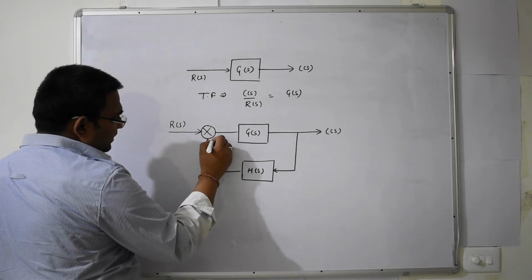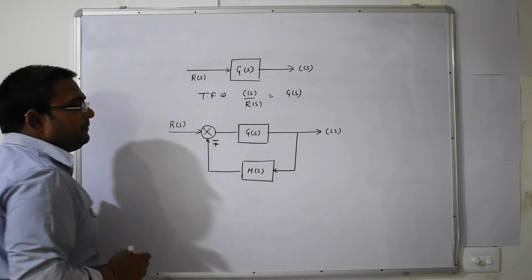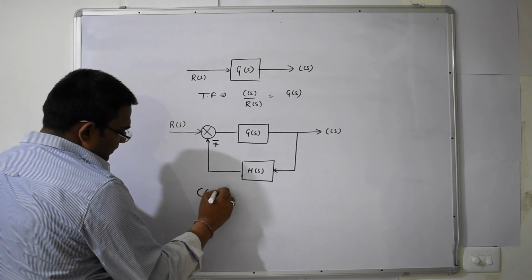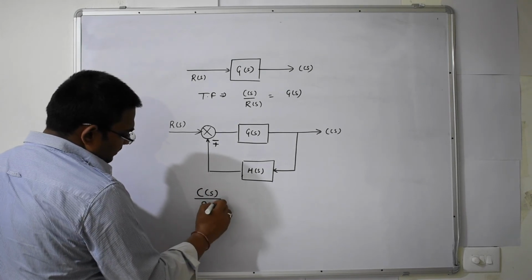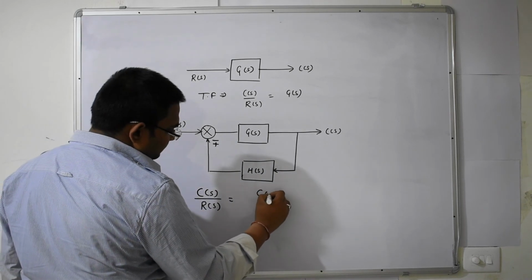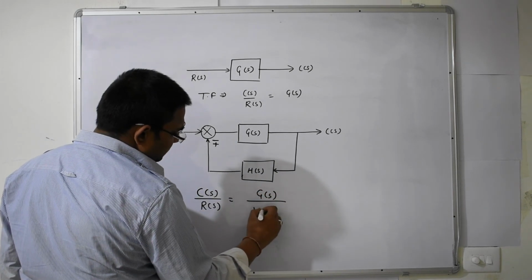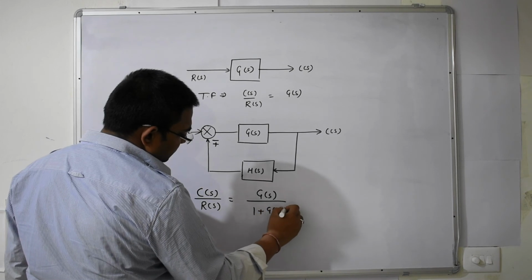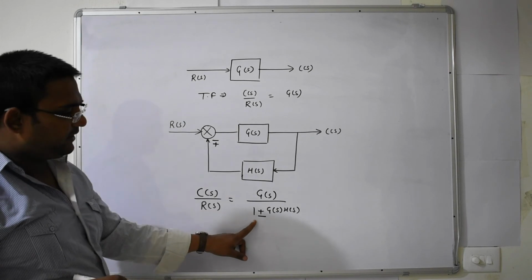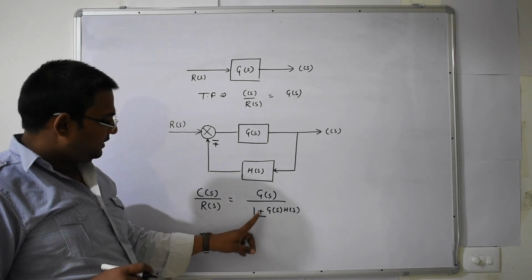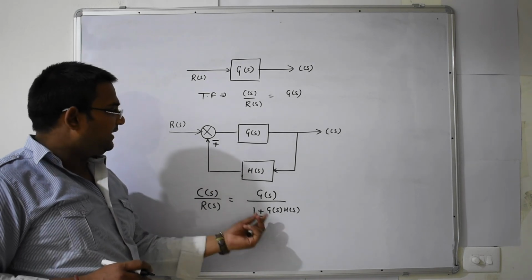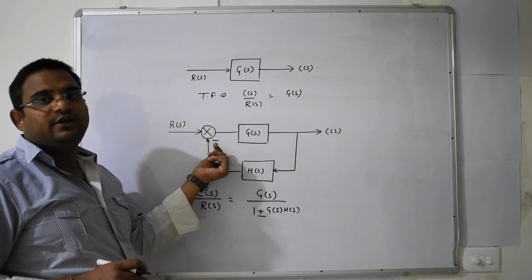This feedback may be positive or it may be negative. So remember this, the transfer function of this closed loop control system is given by G(s) upon 1 plus minus G(s) into H(s). Here we will consider plus sign for negative feedback and minus sign for positive feedback.